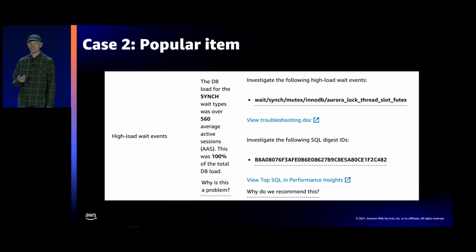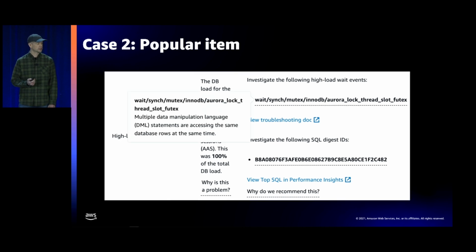As you can see, Aurora and in general, wait event names can be pretty long and pretty hard to decipher. But fortunately, with DevOps Guru for RDS, you can click on the wait event name, and it gives a simple description of what's really happening in your database. And it looks like in this case, it's simply that there are multiple write-oriented SQL statements that are competing for the same records.